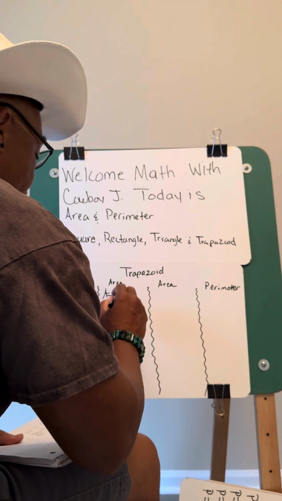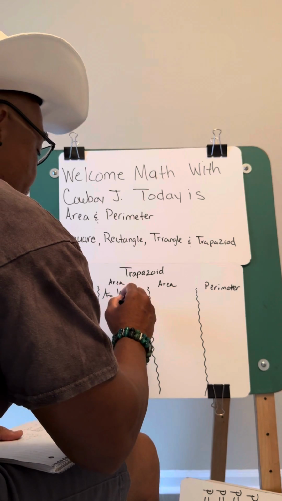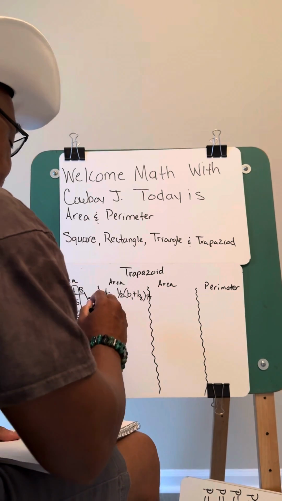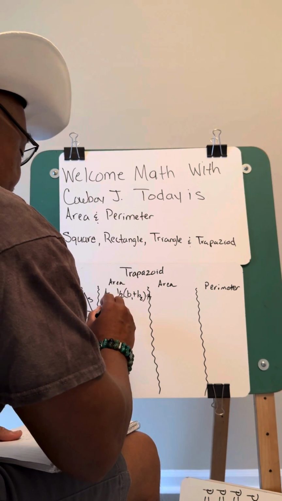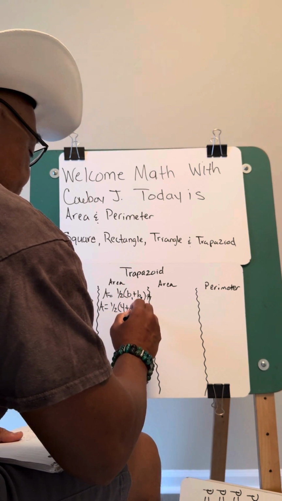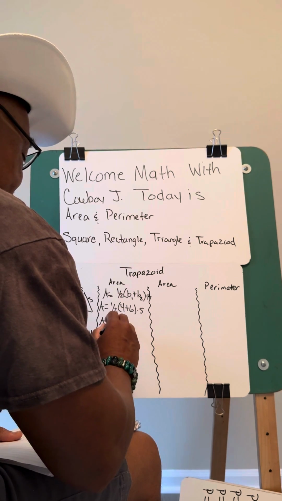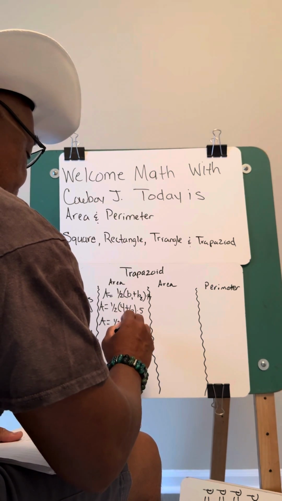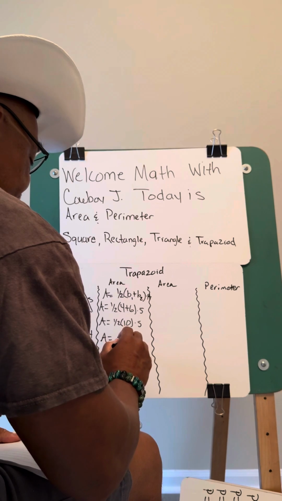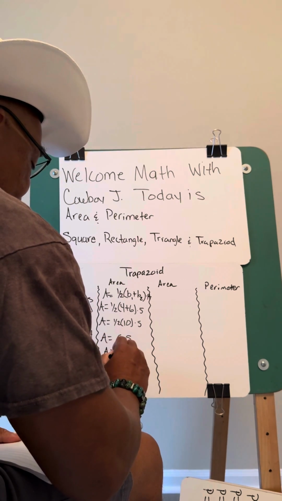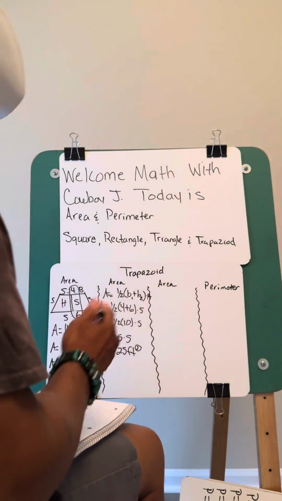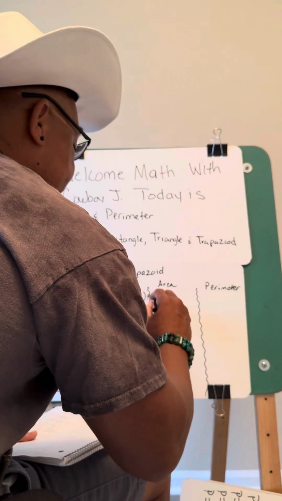It'll go 1/2 B1 plus B2 times H. So the area would equal 1/2 times 4 plus 6 times 5, which means that it's half times 10 times 5, which is 5 times 5, which is 25 feet squared.